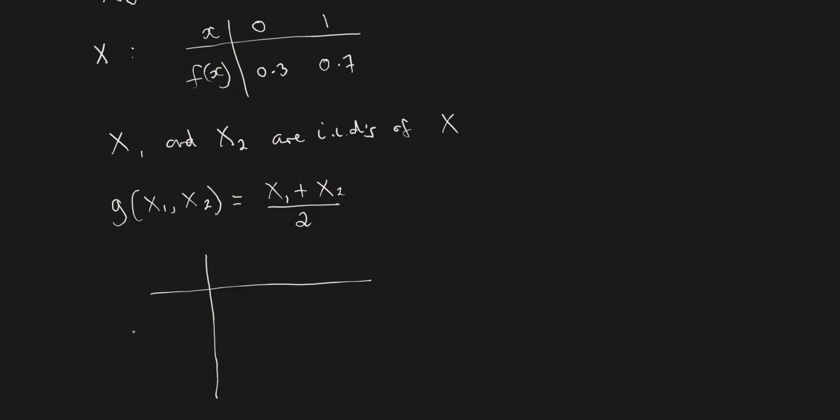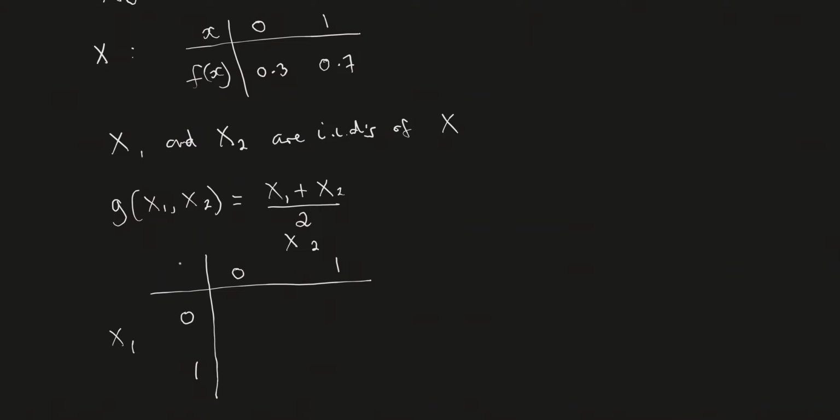I'm going to put x1 as the rows, and x2 as the columns. It doesn't really matter. Because they're following the identical distribution, x1 can either be 0 or 1, and x2 can be either 0 or 1, which means there are four possibilities, or four simple outcomes as far as the average is concerned.